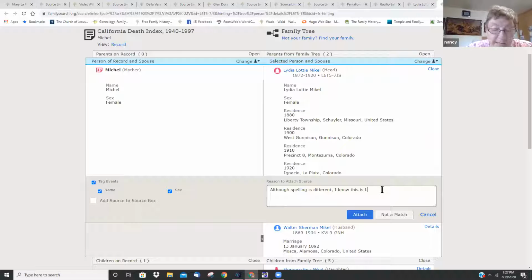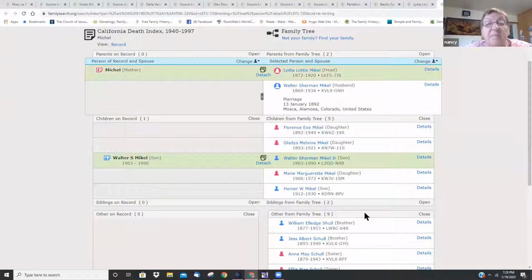And I don't want to capitalize it. Lydia Lottie Michael. At her marriage, she spelled her name Michael. And I can say attach. Now, his father's name is not listed here, which is going to be interesting to us.